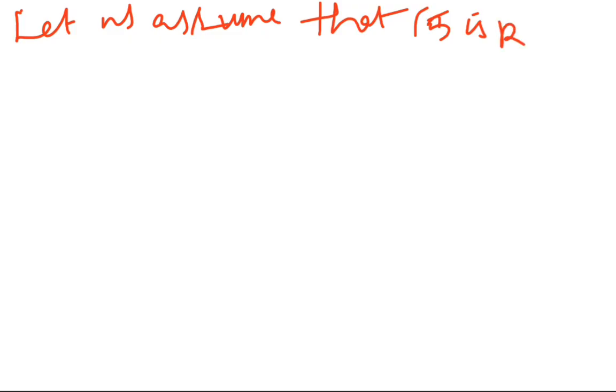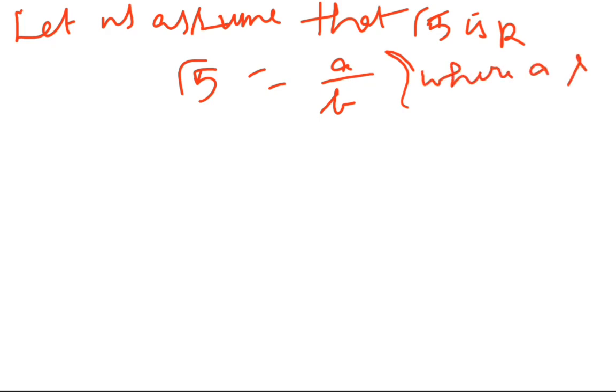So if root 5 is rational, then root 5 will be equal to a by b, where a and b are co-prime.